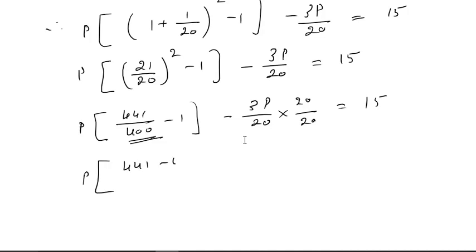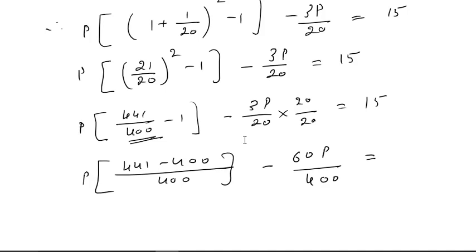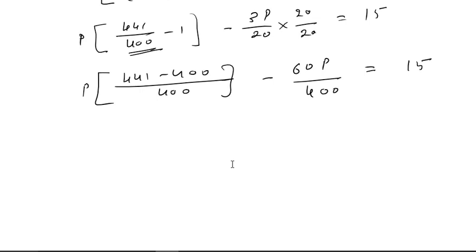In the last problem, the same kind of calculation we have done. Minus 20 into 3, 60P upon 400. This gives me the result as 15. 441 minus 400 is 41P upon 400 minus 60.